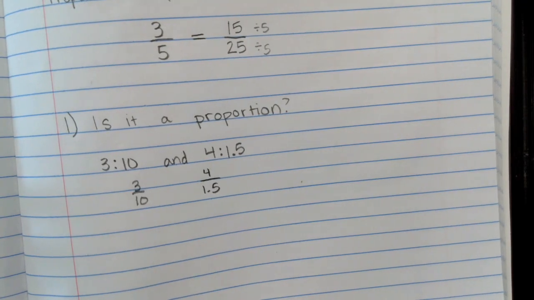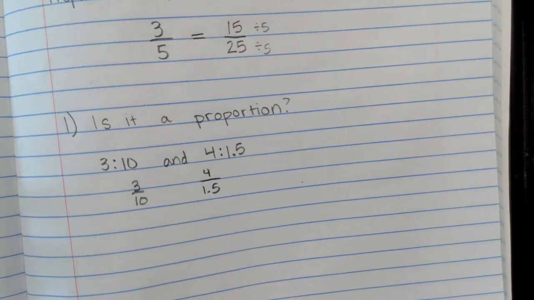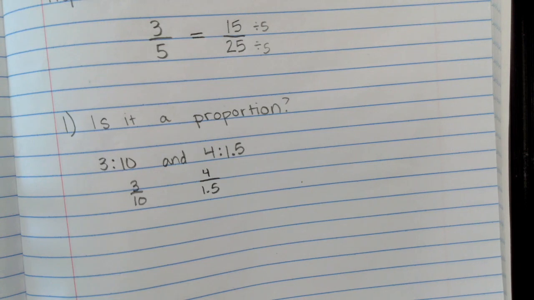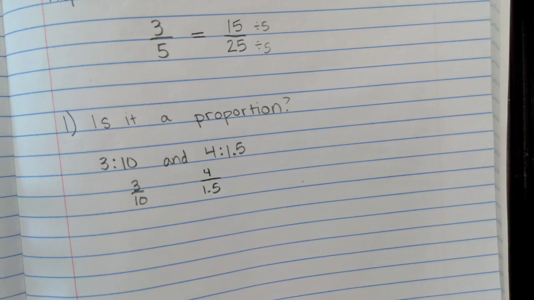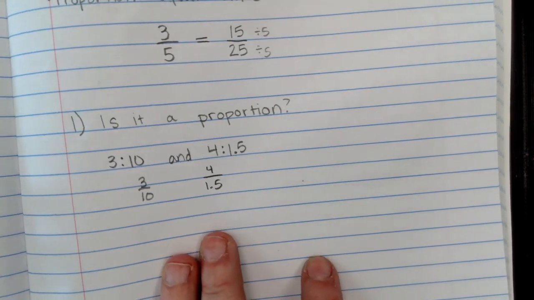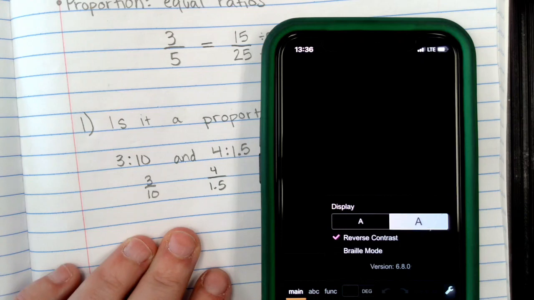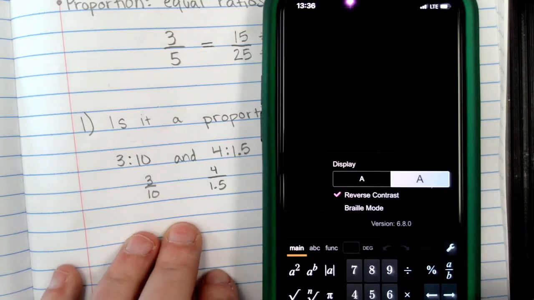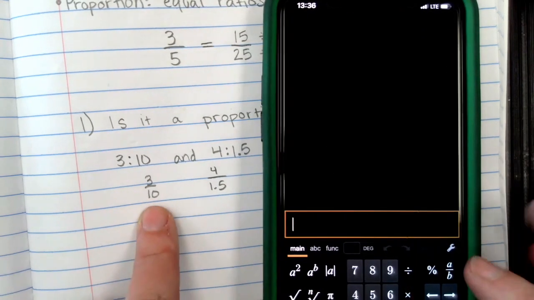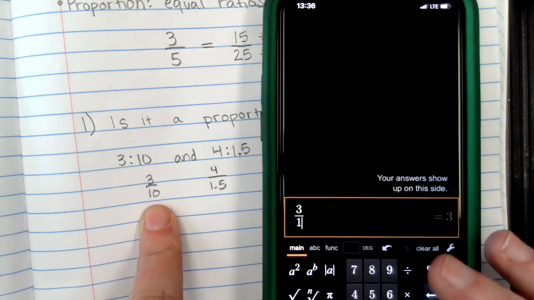So one way we can do that is by simplifying fractions, or we can convert them to decimals. And this is where using your Desmos calculator is going to be really nice, because you can plug them in and check them without even having to memorize anything. So 3 over 10 is 0.3.